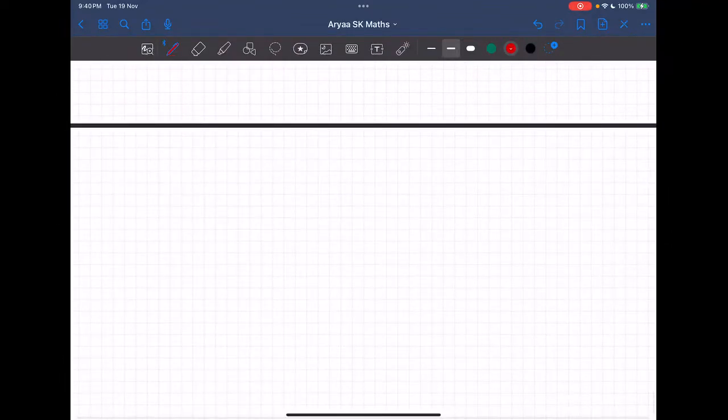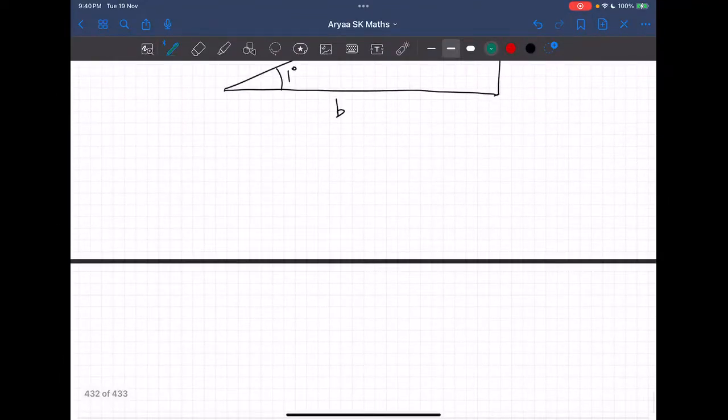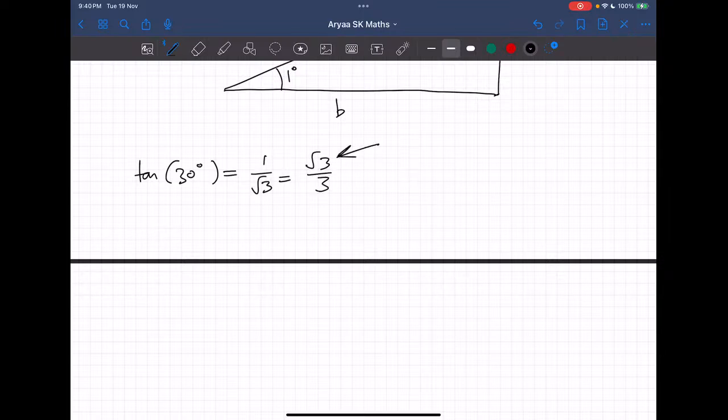Okay. So, we know tan of 30 degrees is in fact irrational, because it is root 3 over 3, and root 3 is irrational. So therefore tan of 30 degrees is irrational.